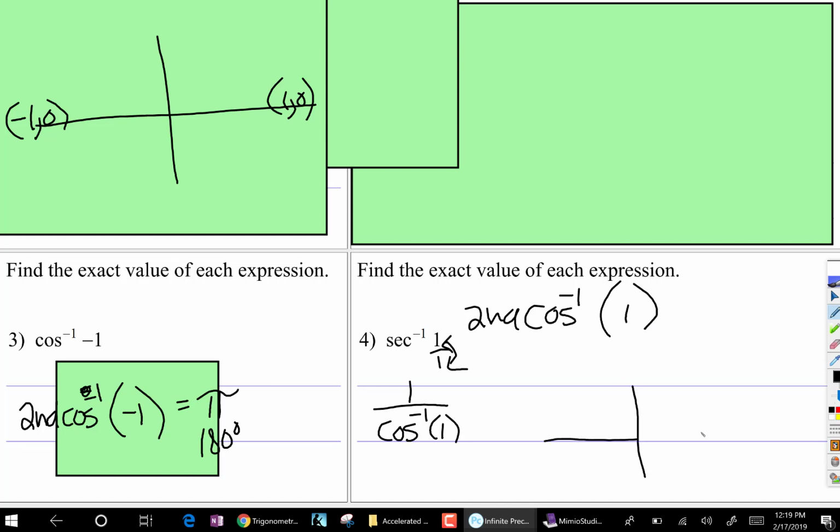But again, if you look at the unit circle, cosine is 1 at one place when you're at 0 degrees or 0 radians. So radians are indicated with pi. All right, that's it for finding the exact value when you're talking about inverse.